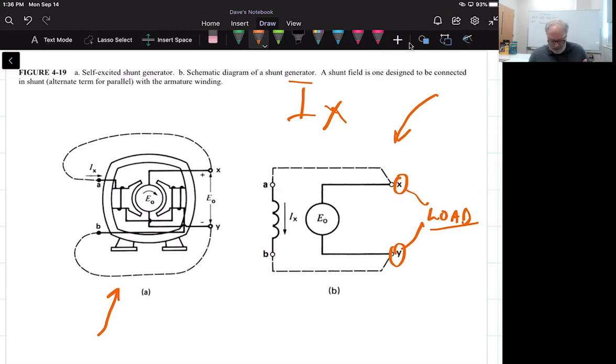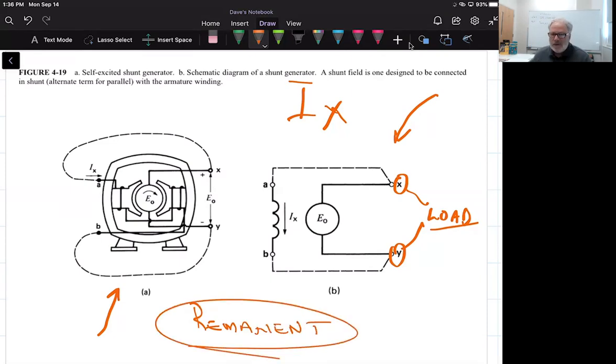Whenever a shunt generator, or parallel generator, is started up, there is something called remnant flux in the poles, and he shows that to us on page 81. You know how something becomes magnetized, and you've observed that through your life. Something possesses this magnetism because of something that happened to it.